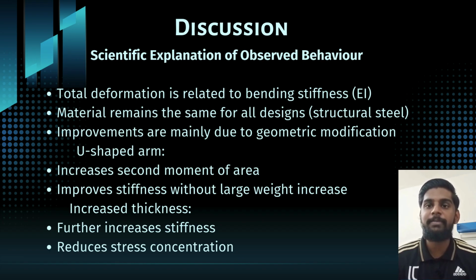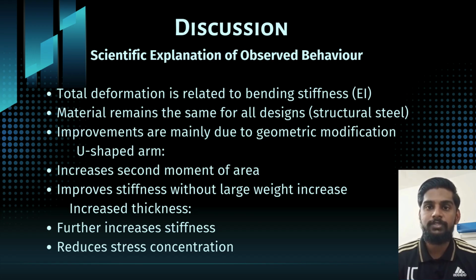This slide explains the scientific reason behind the improvement in results. In this study, the material remains the same for all designs, which is structural steel. Therefore, the changes in stress and deformation are mainly due to geometric modification, not material properties. In design 1, the flat support arm is changed to a U-shaped cross-section. This modification increases the second moment of area, which improves bending stiffness and reduces both stress and deformation.